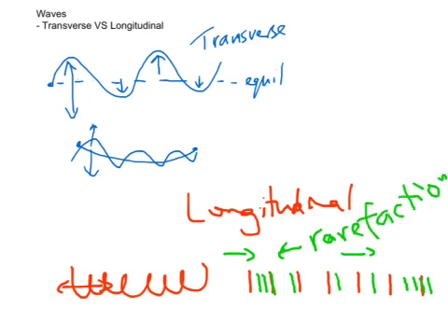The compressions and rarefactions correspond to these shifts in amplitude, positive and negative, away from the equilibrium positions for a transverse wave. So a compression would be the movement in one positive direction of the wave, and the rarefaction would be the negative direction of the wave.